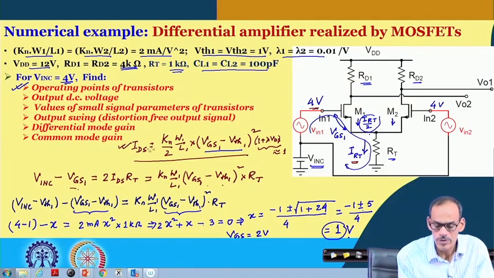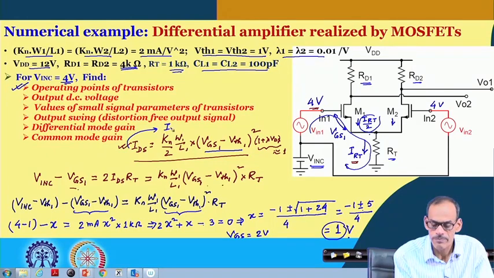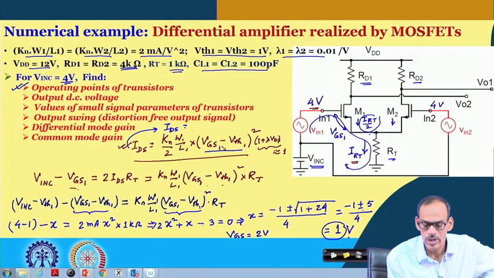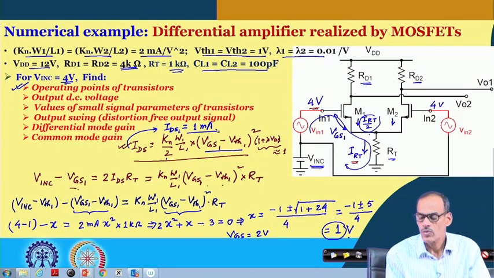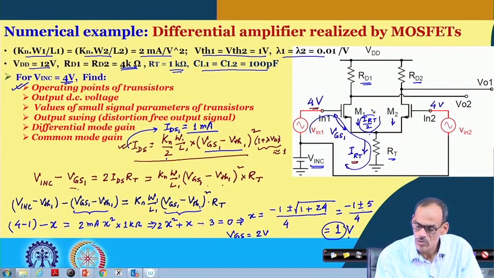And in fact, from that we can say that IDS equals, this part is 2 milliampere per volt square, this part is 1 and this is 2. So, that gives us IDS 1 equals 1 milliampere. Good. So, we got IDS equals 1 milliampere.